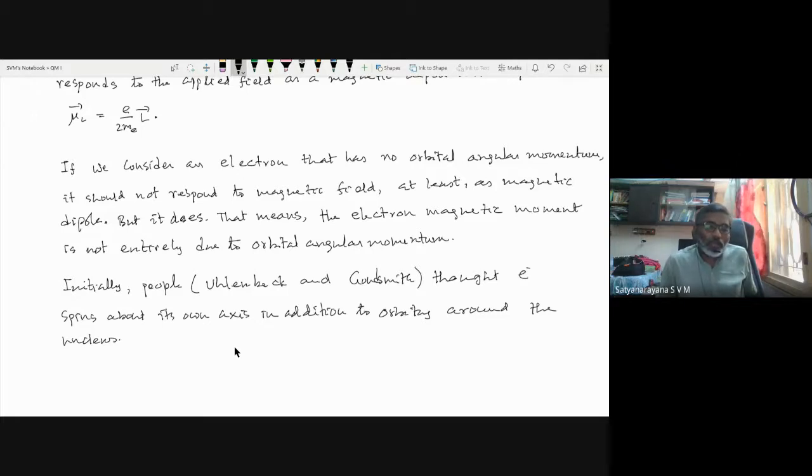So Uhlenbeck rushes back to Ehrenfest and says, hold on, don't send this paper, there is a fallacy in it. But Ehrenfest says, I already sent it. He says, okay, let us see what happens. You are just young, at the beginning of your career, so even if it is wrong, you have nothing to lose.